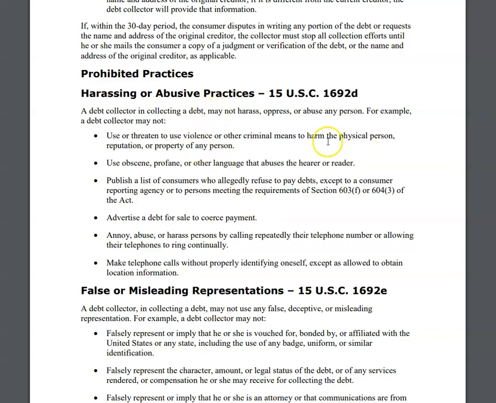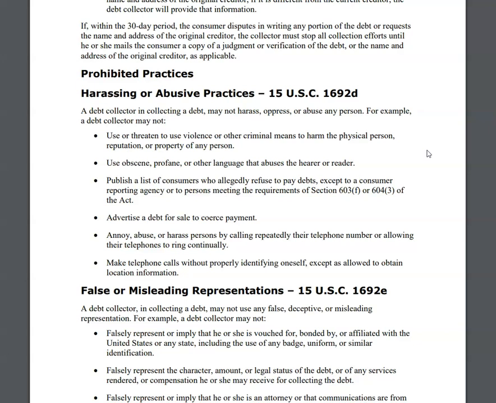Right here. So you got physical person, reputation, reporting on the credit report. Even though they're going to do it, they cannot use the language and say that they're going to report it on your credit so as to mess up your credit. That's considered harassing. Obscene, profane, or language that abuses the hearer or reader.